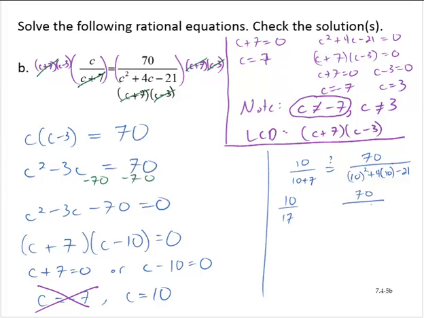Right-hand side is 70 over 100 plus 40 minus 21, so that's 70 over 119. Notice that 70 is 7 times 10, and 119 is 7 times 17, and by reducing out the factor of 7, we find we get 10/17 on the right-hand side as well. So we do get one solution of the equation at c equals 10.